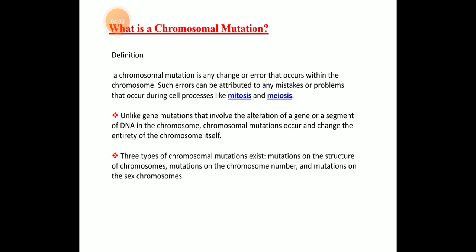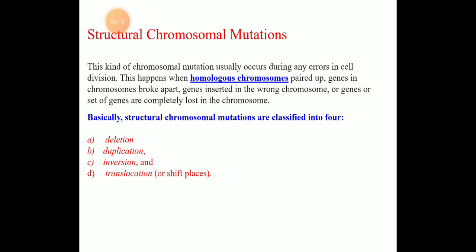There are three types of chromosomal mutation: first is mutation in the structure of the chromosome, then mutation in the chromosome number, and mutation in the sex chromosome. We discuss these one by one. First is the structural chromosomal mutation.